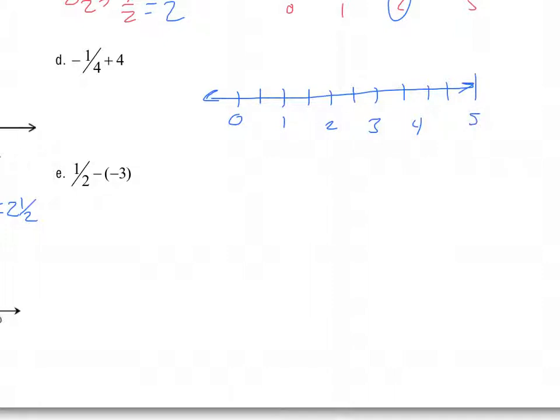5. So on our number diagram, we're starting with negative 1/4. So actually, I'm going to end up over here. Negative 1/4 is going to be right here in between. And a positive 4, so 1 whole brings me across 1, 2, 3, 4.